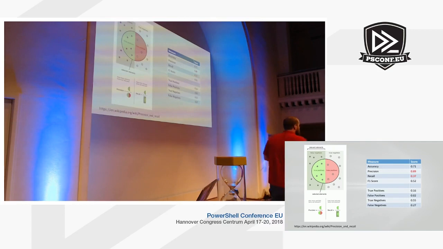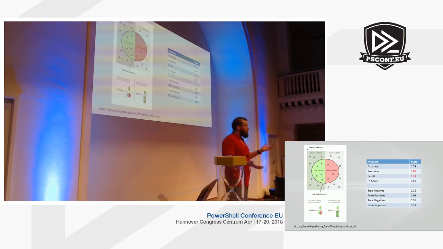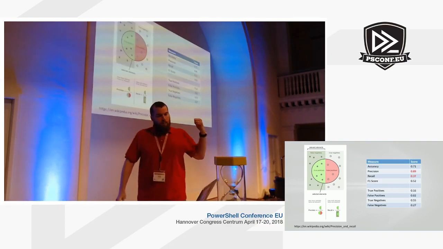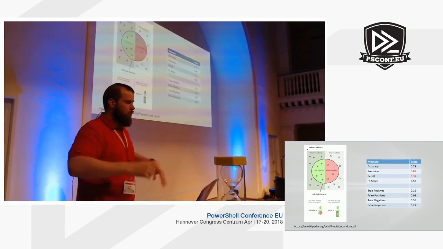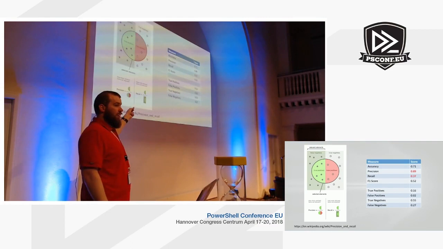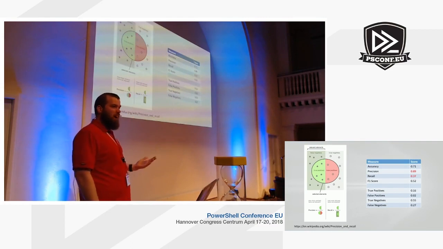But the recall would only be 10%, because it said these 1,000 are obfuscated, but it missed 9,000. So when we're looking at these models, we have to weigh both of those numbers. This character frequency analysis over the whole script was almost 90% precision. That's really cool. But 37% recall, it didn't even find half of the obfuscated scripts.